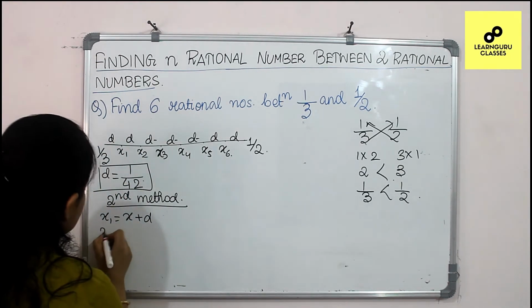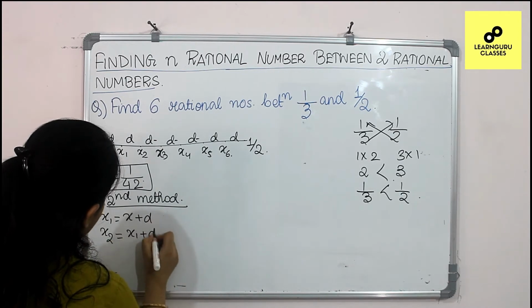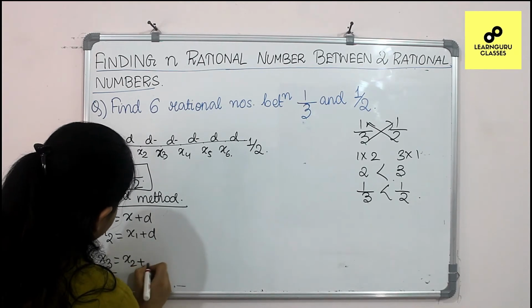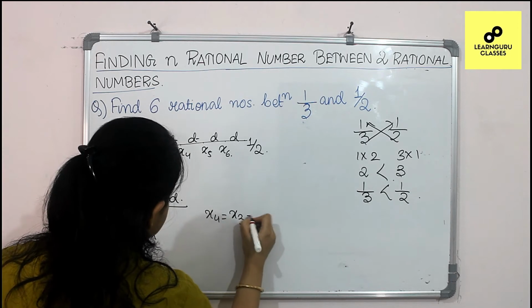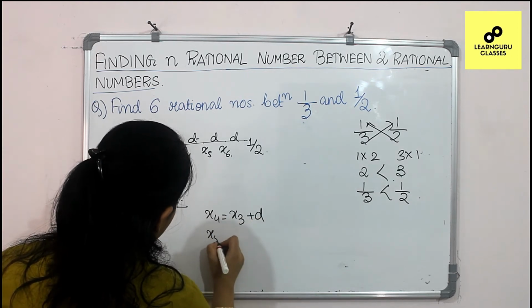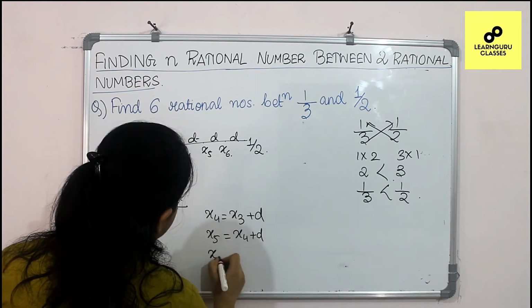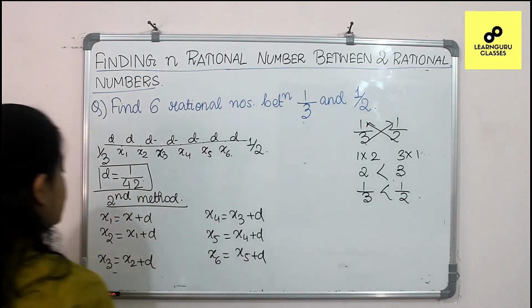So x1 equals x plus d, x2 equals x1 plus d, x3 equals x2 plus d, x4 equals x3 plus d, x5 equals x4 plus d, and x6 equals x5 plus d, isn't it?